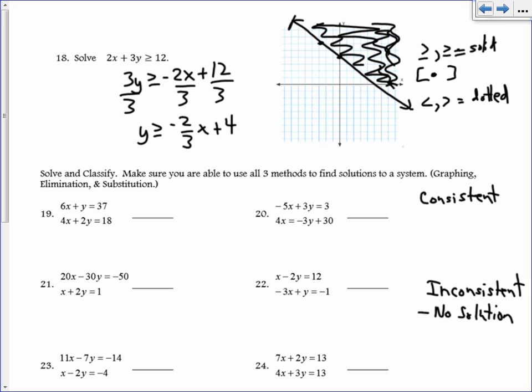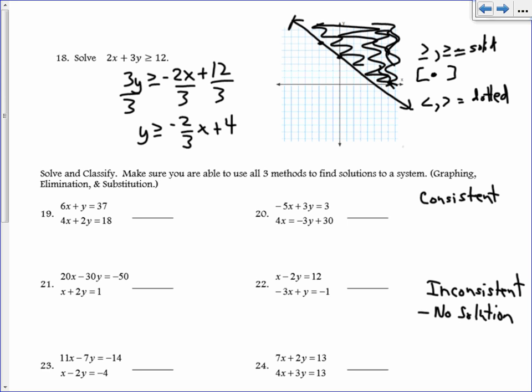Why would a system not have solutions? They don't cross. Why would 2 lines not cross? They have the same slope, which means they're parallel. Parallel lines don't have a solution.